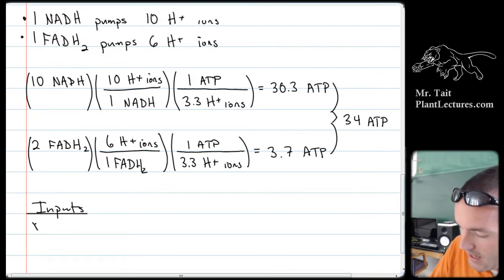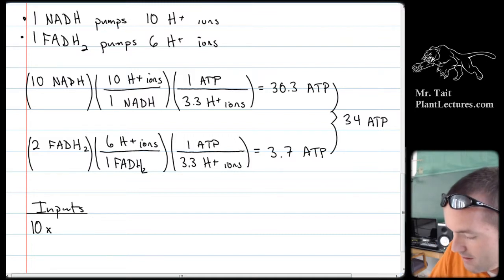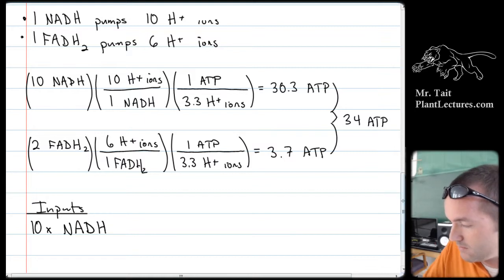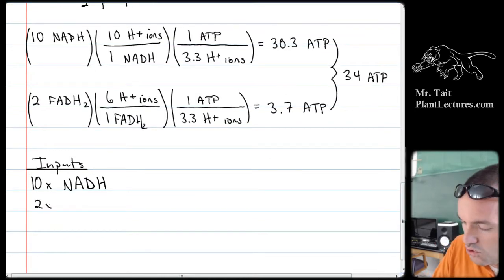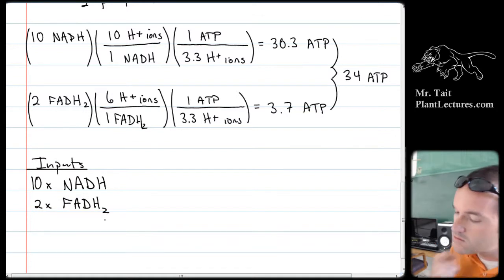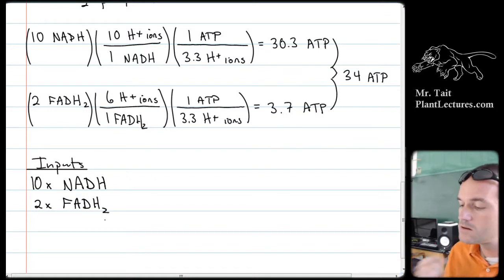So now we can look at our inputs and outputs. So we said we had 10 NADH, right? We had 2 FADH2. Okay, does anything else need to be input?